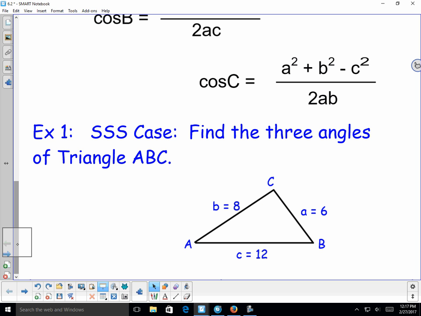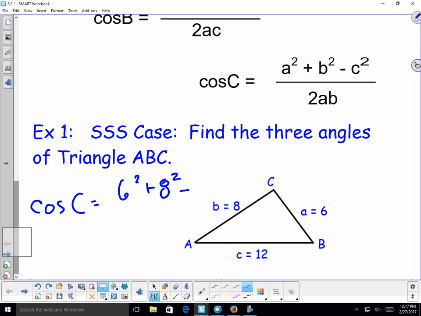Talk me through what we're going to do to plug things in here. Cam? 6 squared plus 8 squared minus 12 squared, over 2 times 6 times 8. Do people agree with this? Yes.